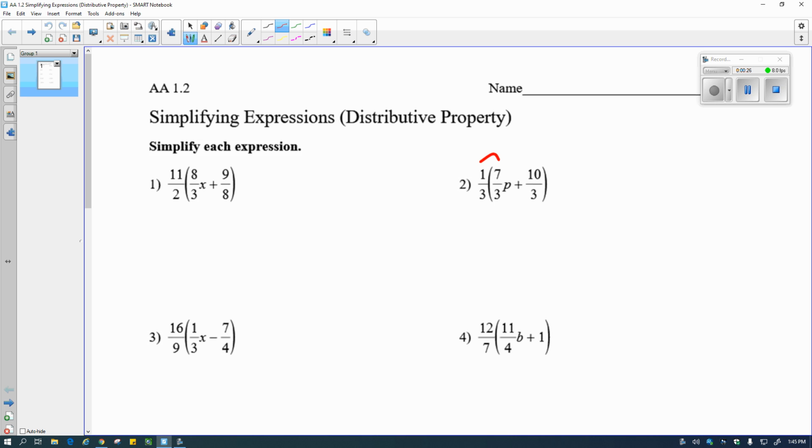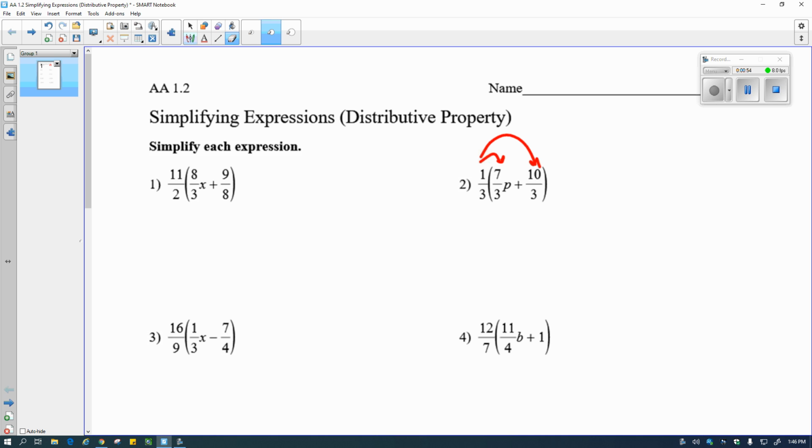So I am going to bring the multiplication through to each part, which means that I have to multiply 1/3 times 7/3. I get 7/9. Let me erase that.